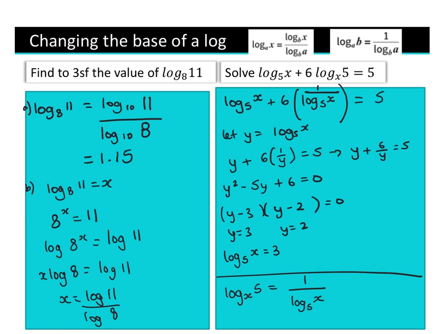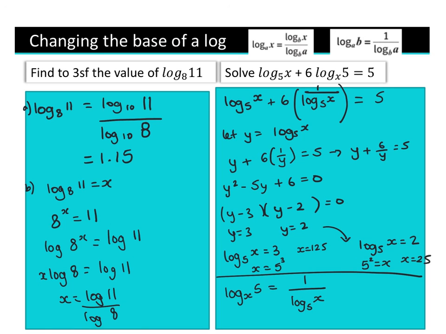Can anyone tell me what x is? x is 5 cubed. So x equals 125. For the other one, when we have y equals 2, log to the base 5 of x equals 2. That means 5 squared equals x, so x equals 25.